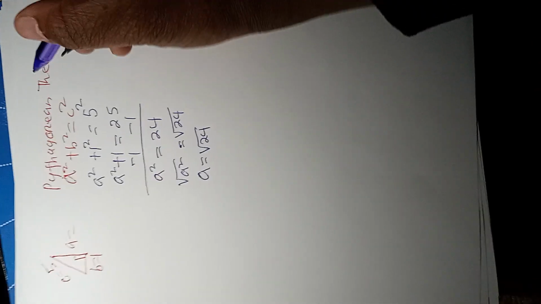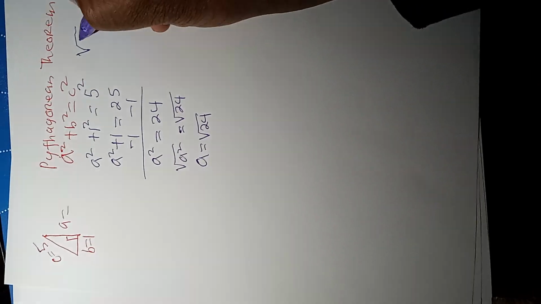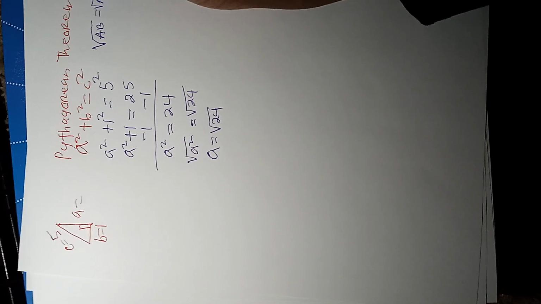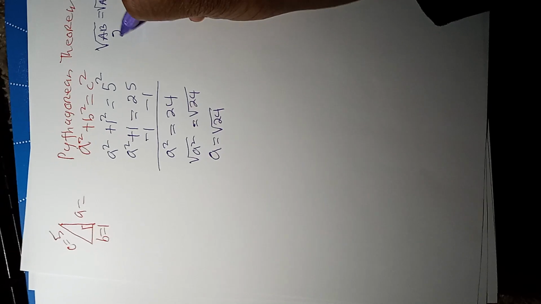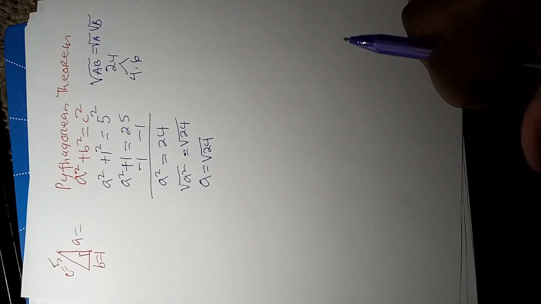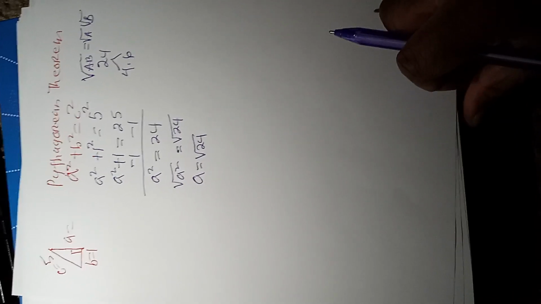So we need to know the formula: square root of AB is equal to the square root of A times the square root of B. And we know 24 is equivalent to 4 times 6. We want to look for a perfect root within an irrational root.